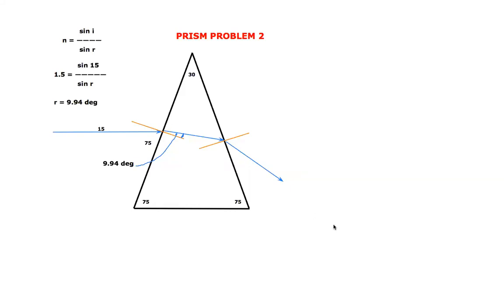Now, if that's 9.94 degrees, we eventually have to figure out what this angle is. How are we going to do that? We're going to walk around the triangle. This angle over here, that angle is going to be 80.06. Let's type that in here. 80.06.